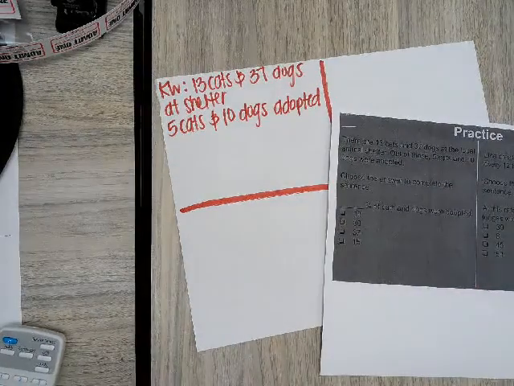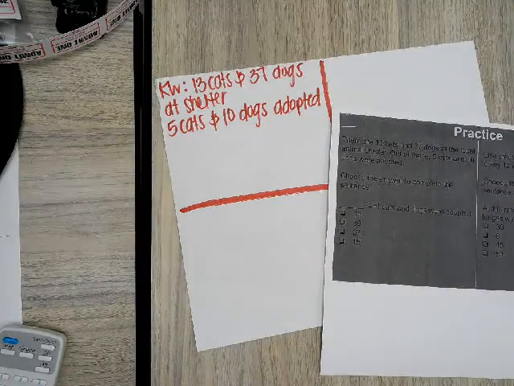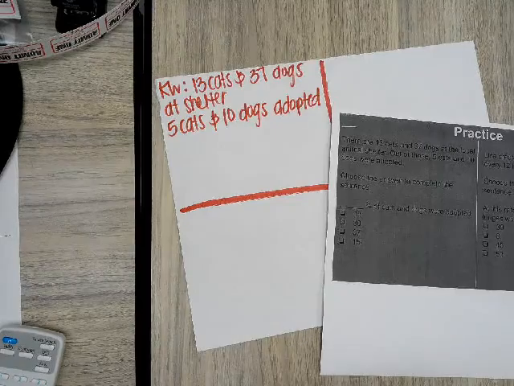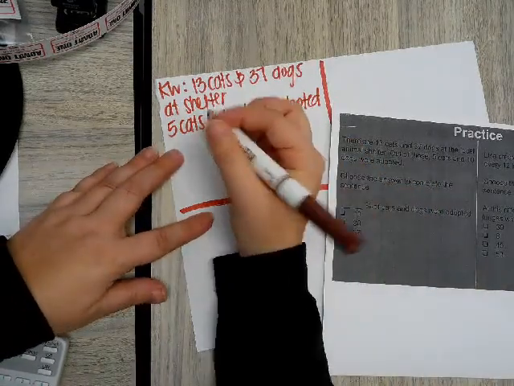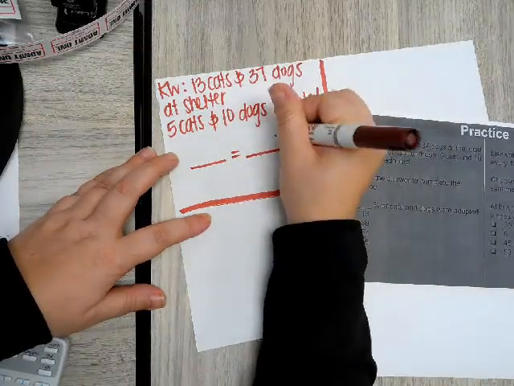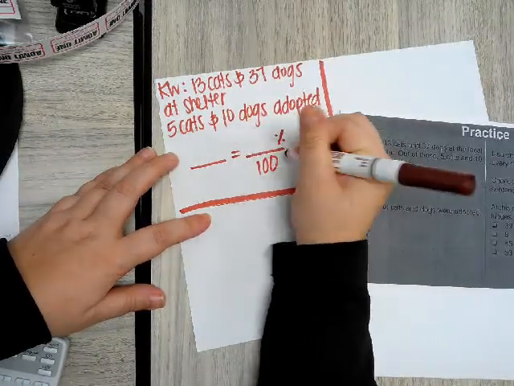Complete the sentence. Choose the answer to complete the sentence. Blank percent of cats and dogs were adopted. Okay, so we want a percent. So we're going to go ahead and make a proportion. We know percents are out of 100.